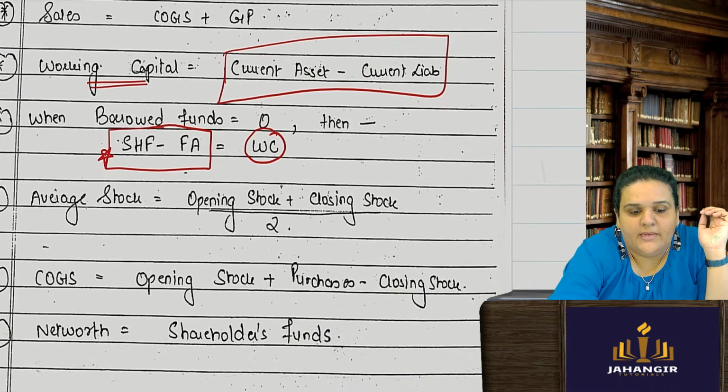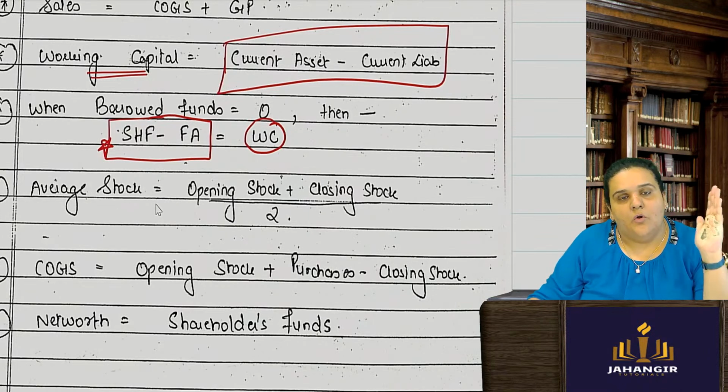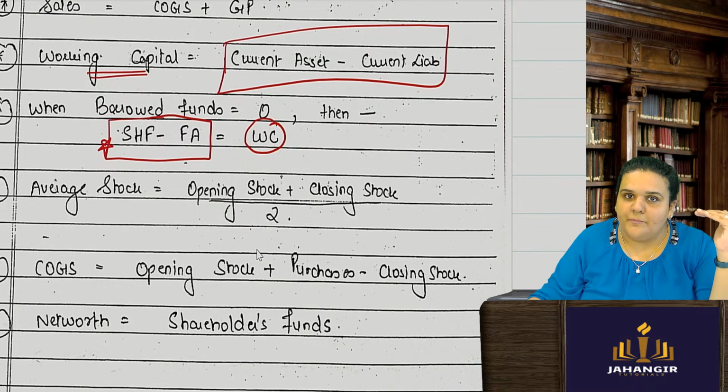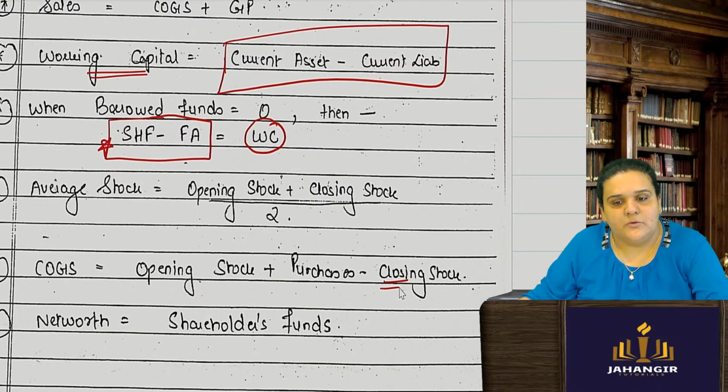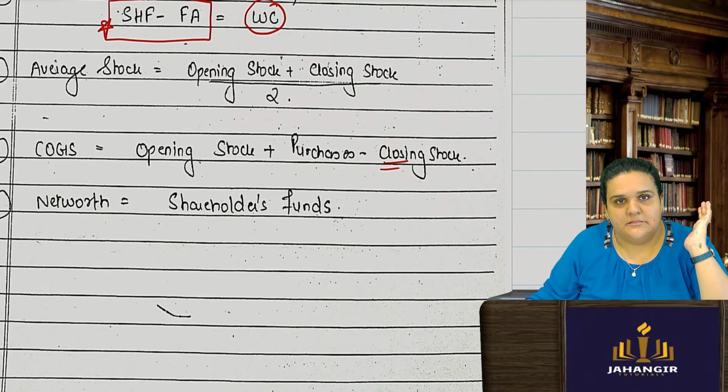Only when the borrowed funds are zero. Then you have average stock: opening stock plus closing stock divided by 2. If I tell you to find average debtors: opening debtors plus closing debtors divided by 2. Cost of goods sold: opening stock plus purchases minus closing stock. And net worth means the shareholders' funds.